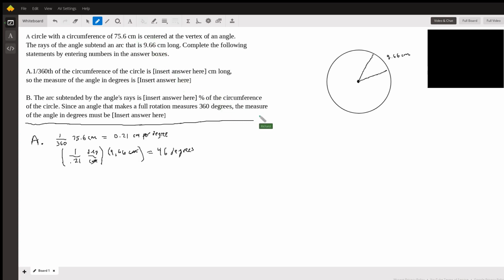I would just do it with ratios. So 360 degrees is to the circumference, 75.6, as x degrees is to 9.66. And I just think that's so much easier.